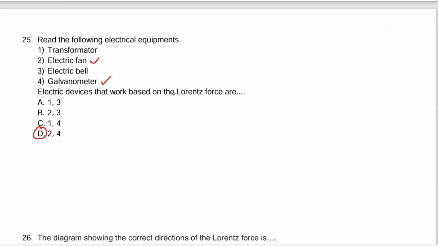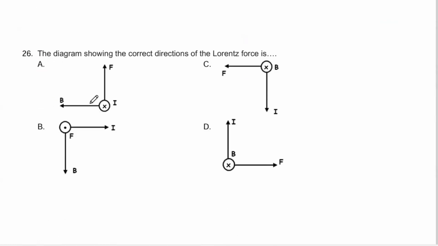Okay, then number 26. You need to find the diagram that actually follows the Lorentz force. You can use your right hand, right? Your three fingers, from the middle finger to the little finger, will be perpendicular to your other finger, and also perpendicular to your thumb, right?